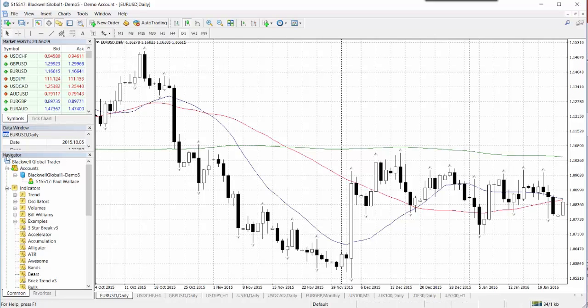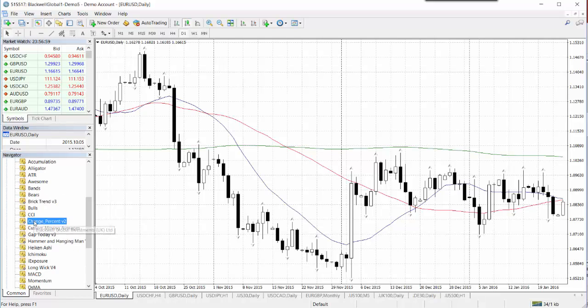Under the Navigator panel, you scroll down to indicators, and of course there are a lot of very standard indicators that MetaTrader 4 comes with. There's a plethora of various indicators, but today what we're going to start with is the change percent.